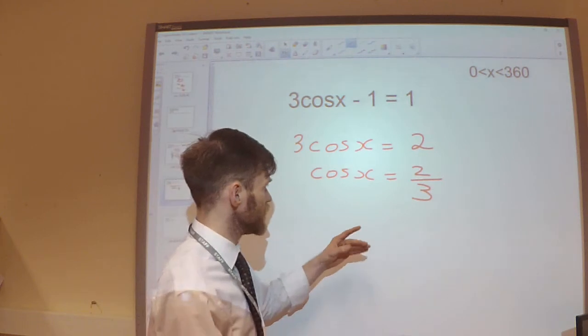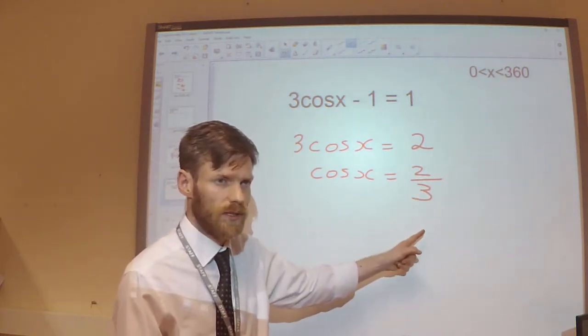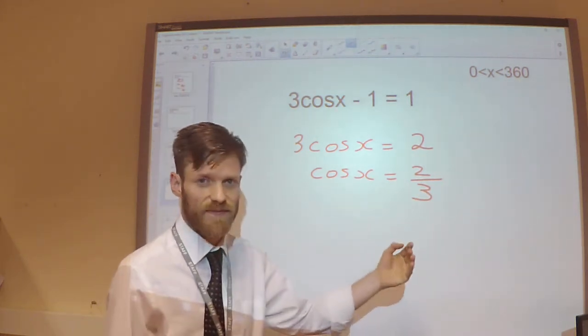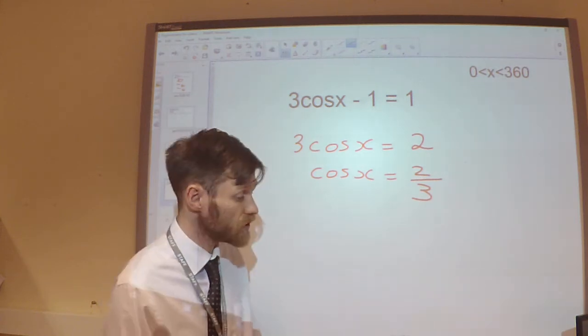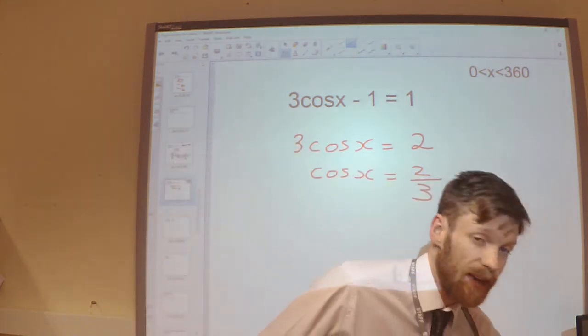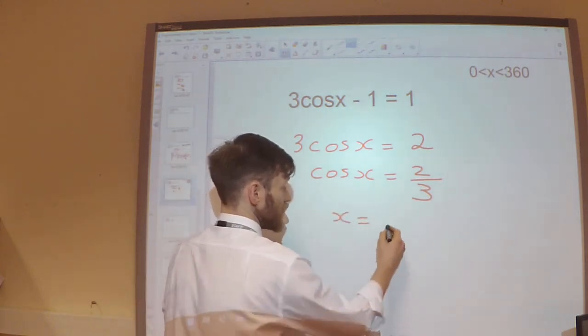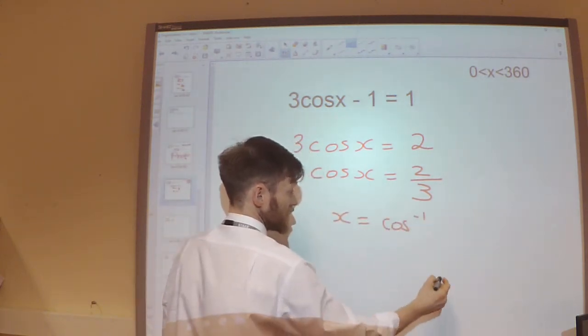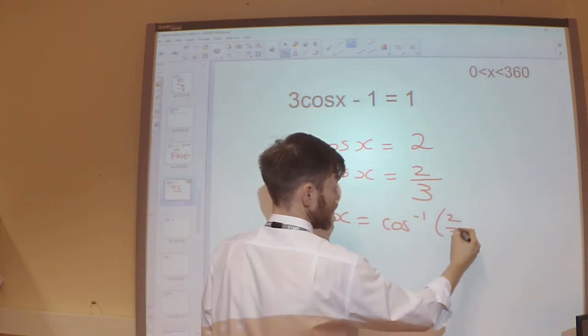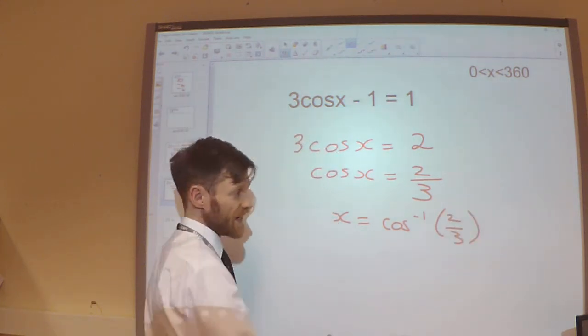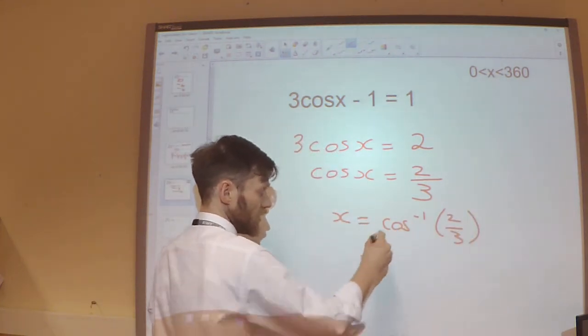Okay, now, this is not a nice exact value that I know about. So I'm going to get my calculator out, and I'm going to use the cos inverse button to work out what that angle would be. I need to do the inverse of the cos function.